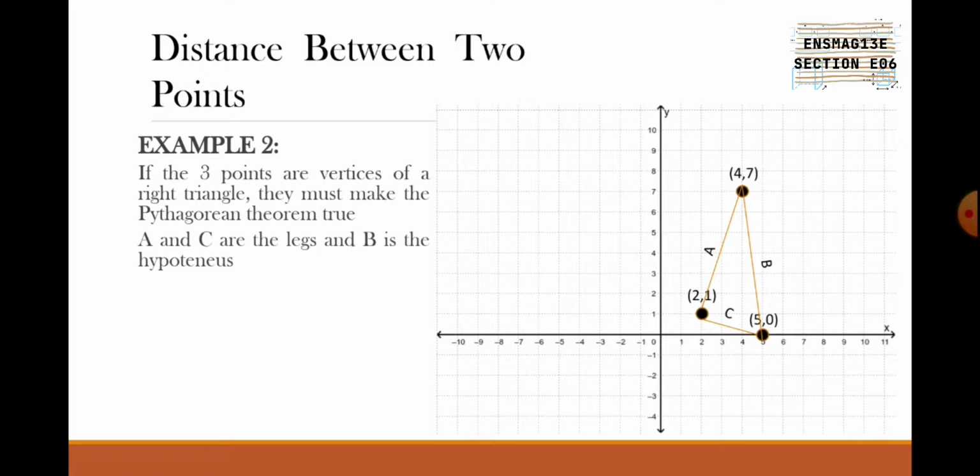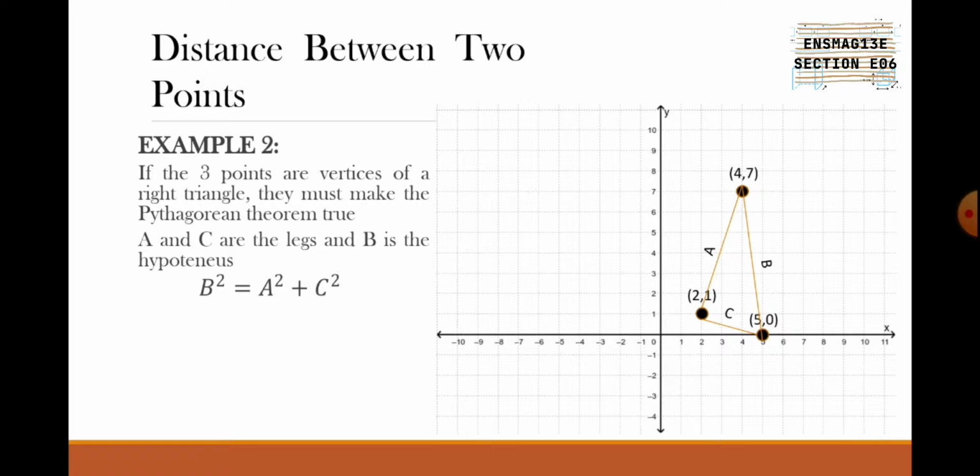Now, we are going to use the Pythagorean theorem, which will give us the formula b squared is equal to a squared plus c squared. Please do not be confused in using this formula. Always remember the concept that the square of the hypotenuse is equal to the sum of the squares of its legs. At times, we will be using different notations, different symbols for our legs and for the hypotenuse, but always remember that the square of the hypotenuse is always equal to the sum of the squares of the legs.